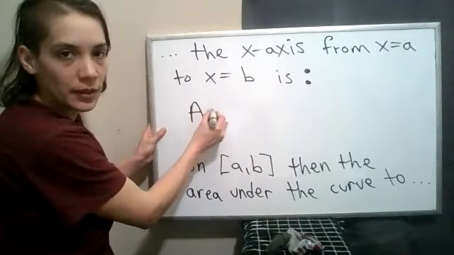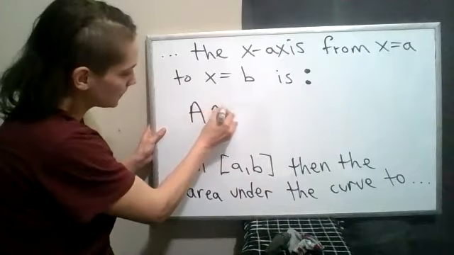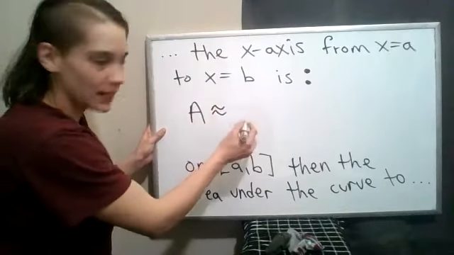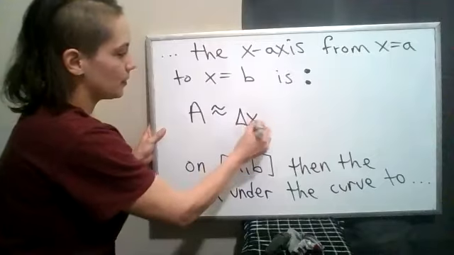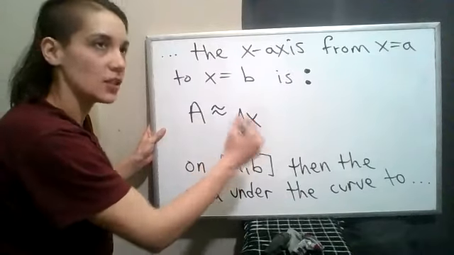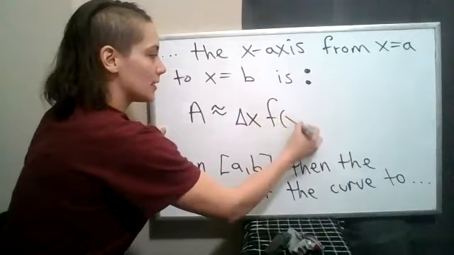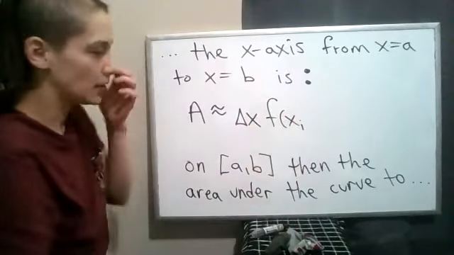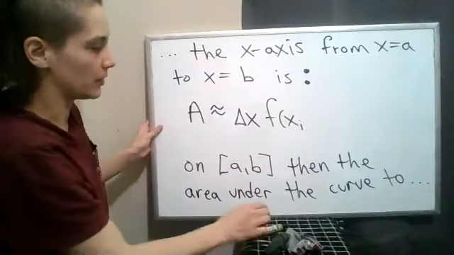Okay, again, we're going to approximate the area by taking a width called delta x, multiply by some height we're going to call f of x sub i star. Actually, let's do a few of these first.